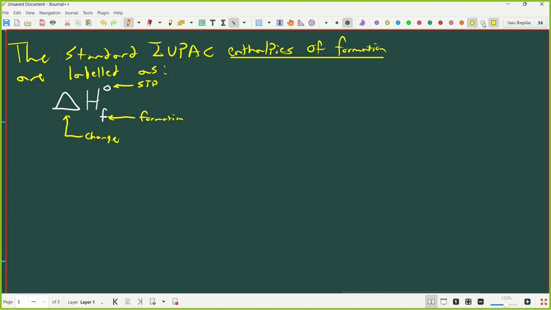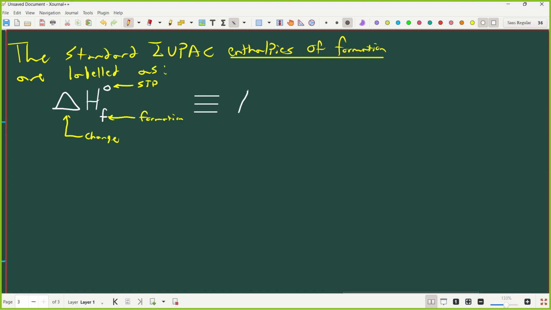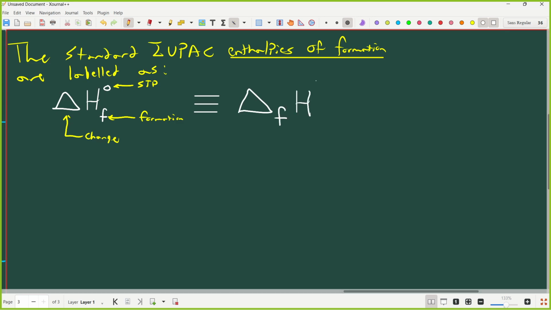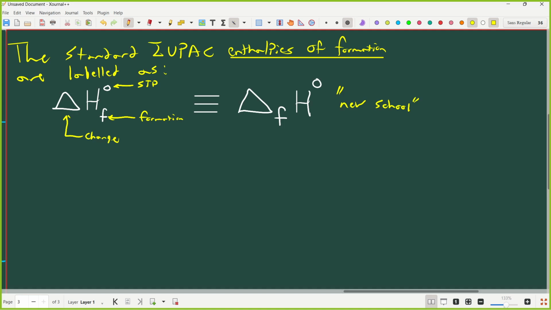And the more modern way, and in fact I've gotten yelled at by peer reviewers in papers for writing it the old way, is where you put the F before the H. This is the new school way. Stupid, I know, right? I have no idea why they made that change, but they did, and now people yell at me about it.